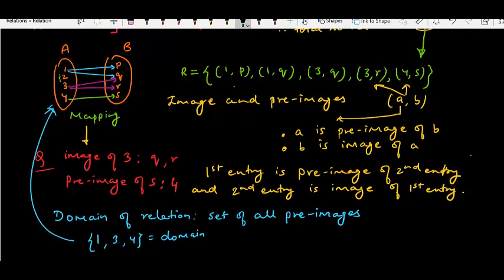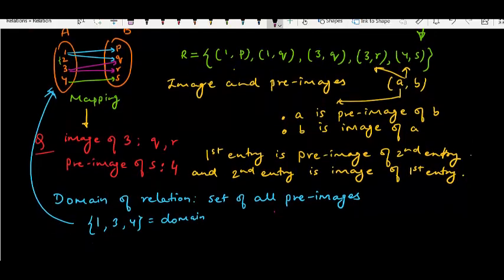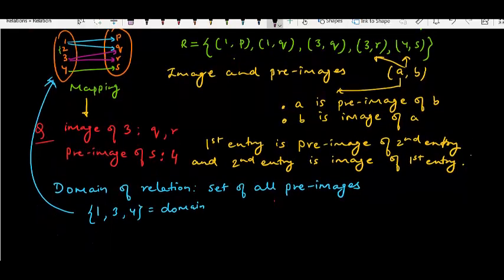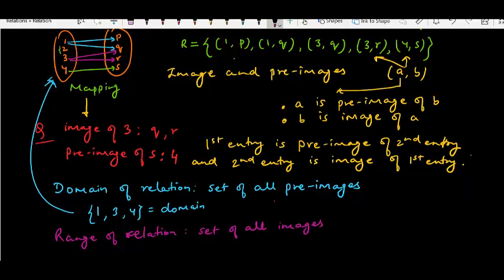In the same way, we use another related term, which is the range of the mapping. What is meant by the range of a relation? It is simply the set of all images in the relation.